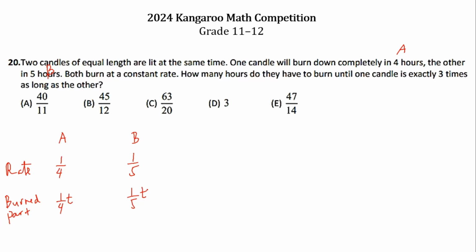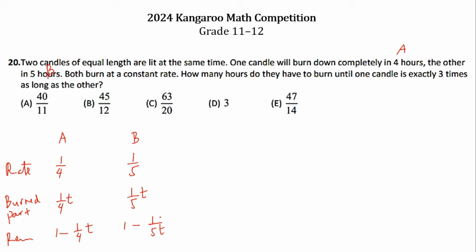So the amount that's remaining in candles A and B after T hours must be 1 minus 1/4 T, and the other one is 1 minus 1/5 T.